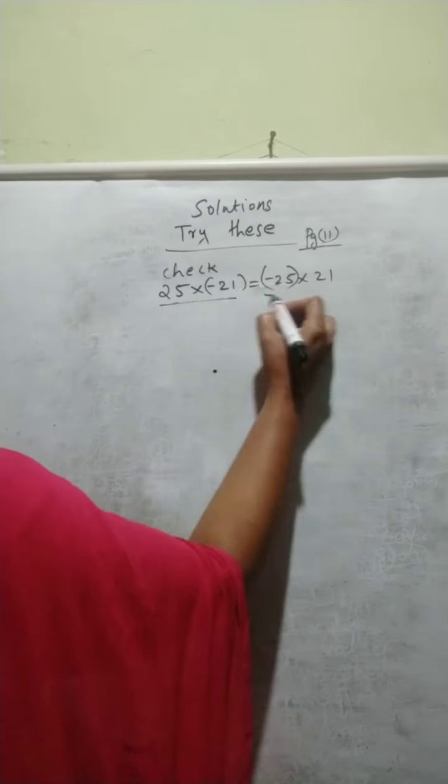Next question is, check if question number A, 25 multiplied by negative 21 equal to negative 25 multiplied by 21. That is, here LHS is there, RHS is here.